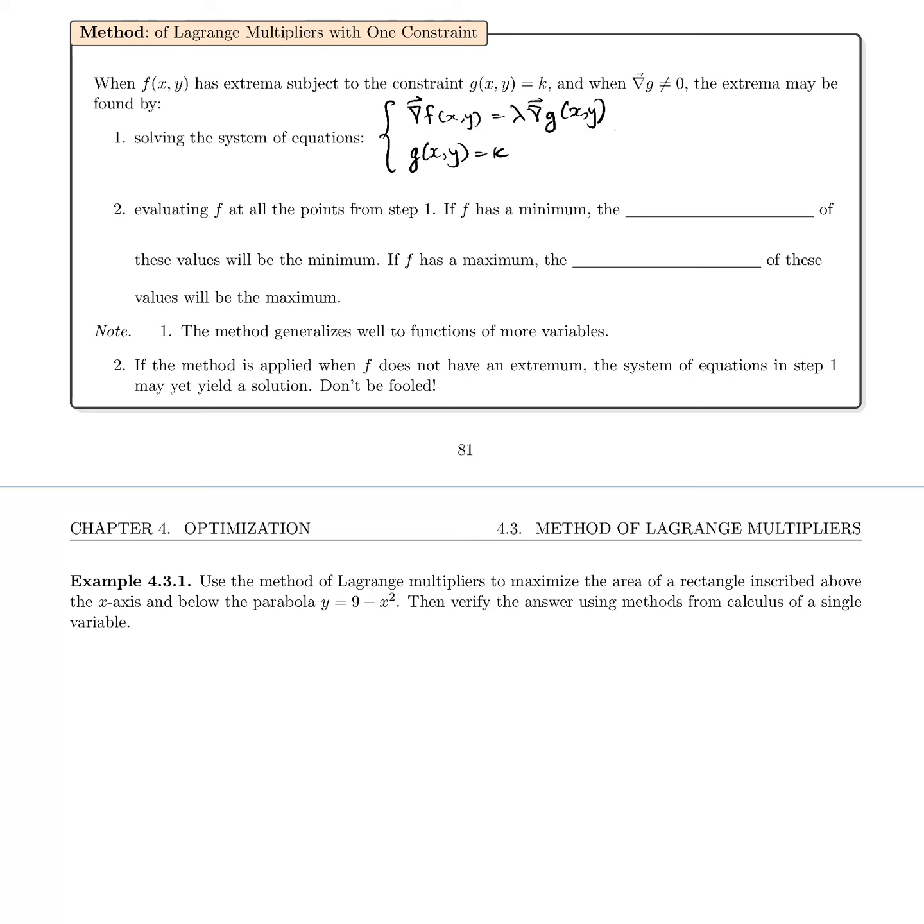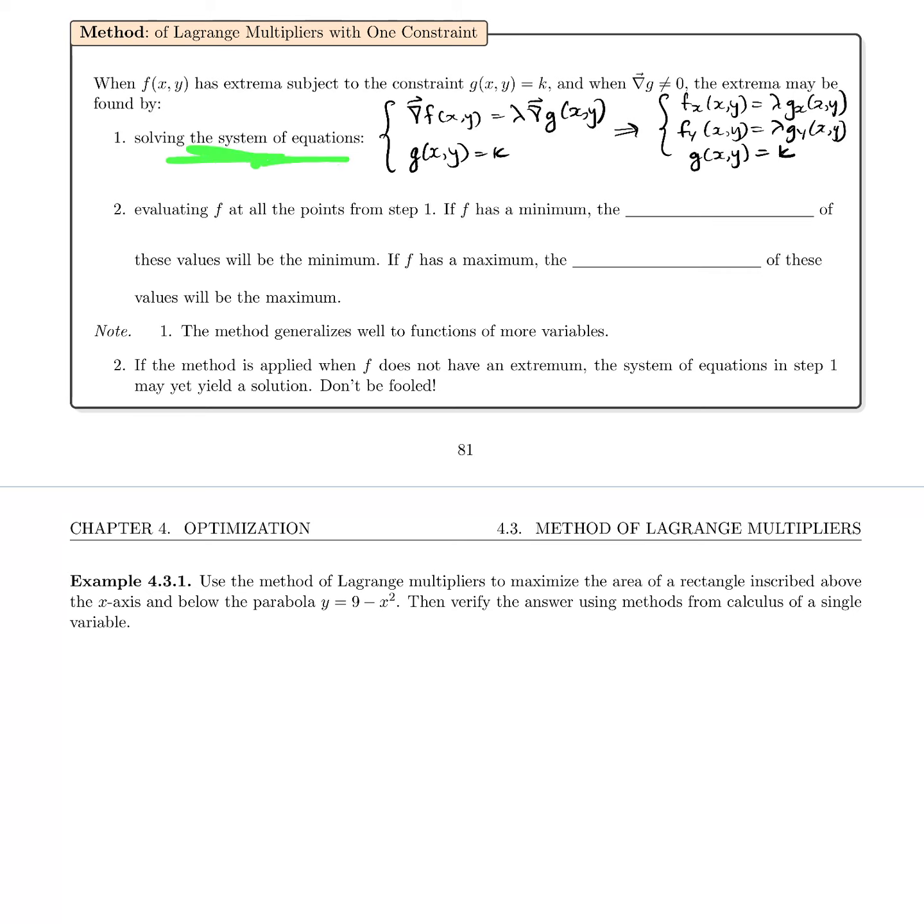So really, this system of equations is a system of three equations, three unknowns. F sub x at x y has to be lambda times g sub x at x y. Same thing for f sub y. So our unknowns are lambda, x, and y. And finally, g of x y is equal to k.